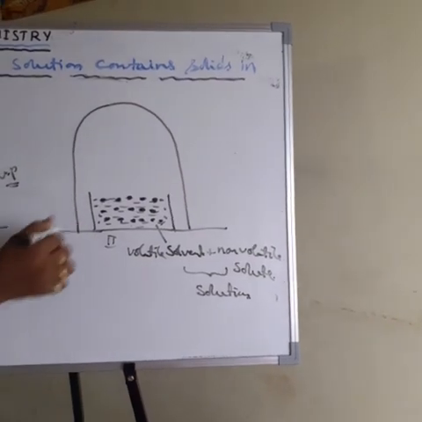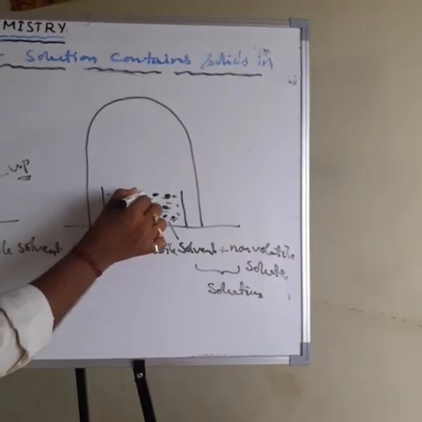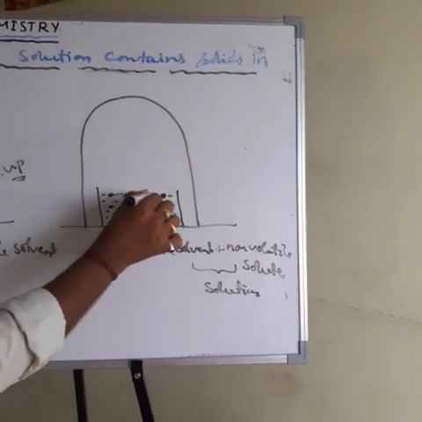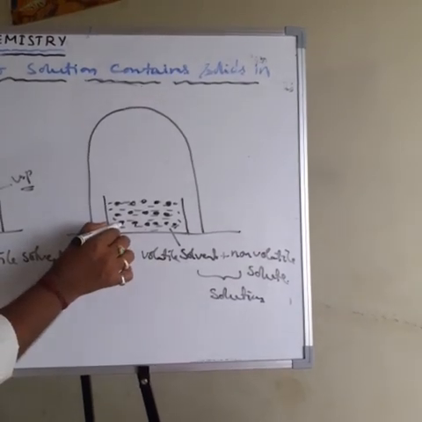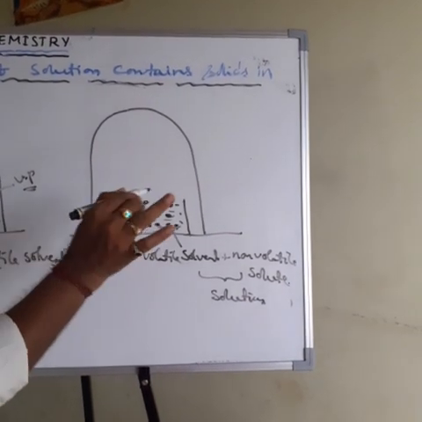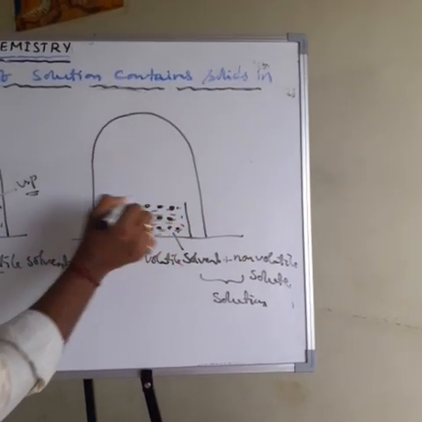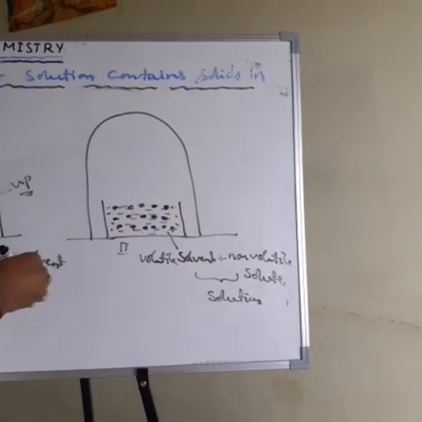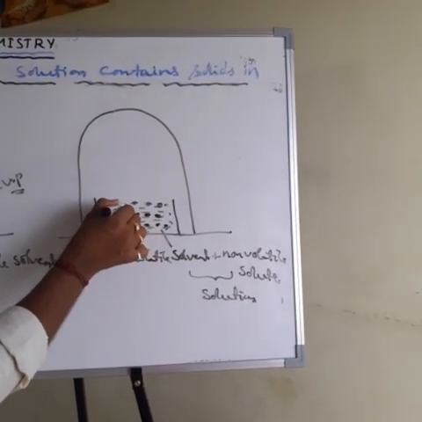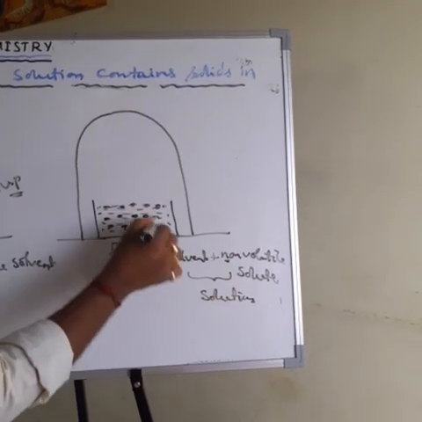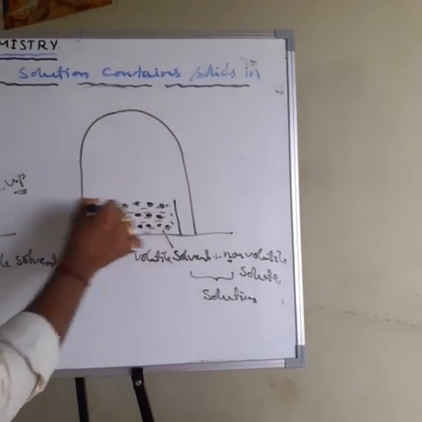Whenever the non-volatile solute is added to this volatile solvent, the solute particles are homogeneously distributed throughout the solvent. On the surface of the liquid, initially maximum solvent particles are there. When we add the solute particles, the solvent particles are replaced by non-volatile solute particles at the surface of the liquid.